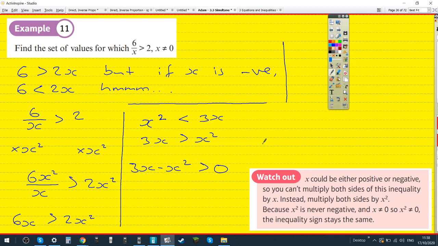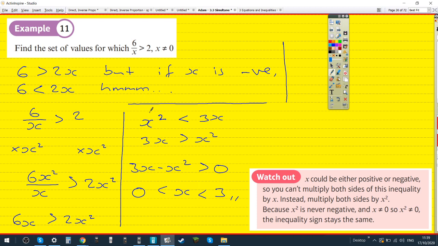It's the first one. So it would be minus 1 x squared plus 3x and then plus 0. And so it'd be 0 is less than x is less than 3. That's great. So basically x is between 0 and 3.